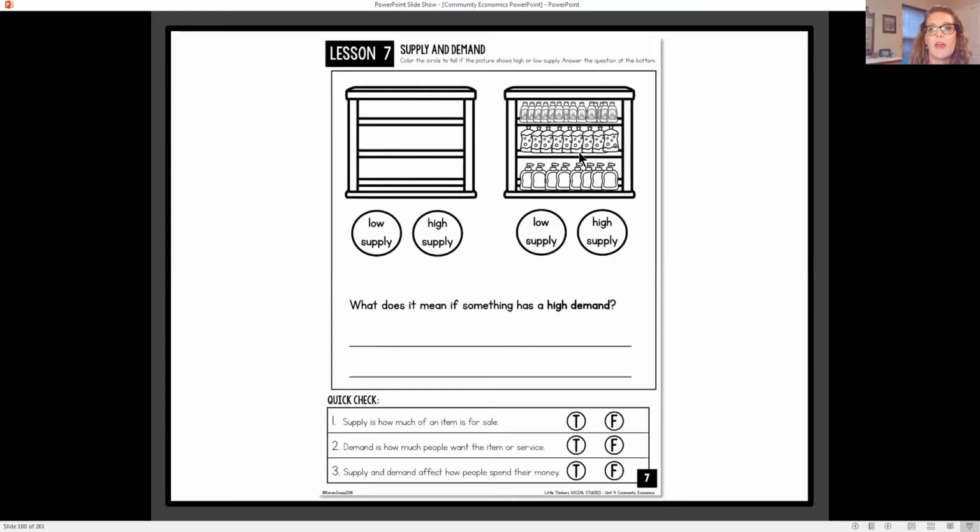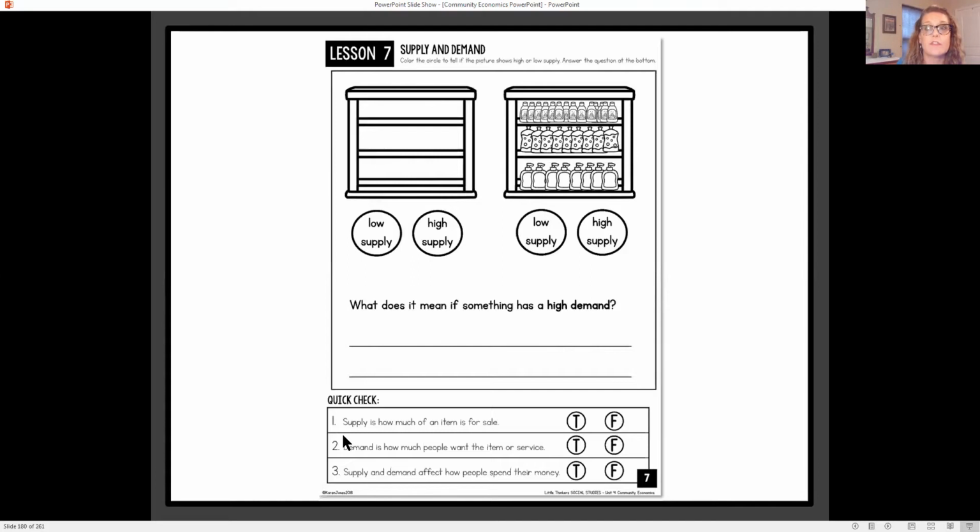If we look at this shelf, it's full of items that people can buy, so we have a high supply. What does it mean if something has a high demand? Remember, demand means that people want it. So if there's a high demand, a lot of people want it. A lot of consumers want to get that good or service.